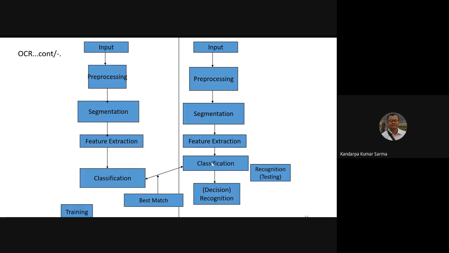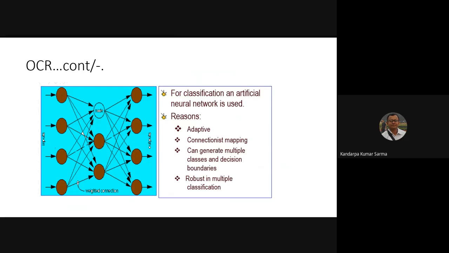Classification shall be done, and once you have the classification code, it will be compared with the classification codes generated during training, and the best match will lead to the recognition decision. This way the OCR technology has developed and functions.